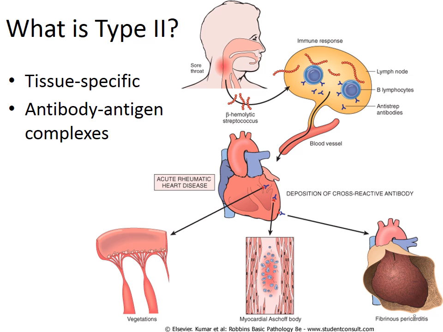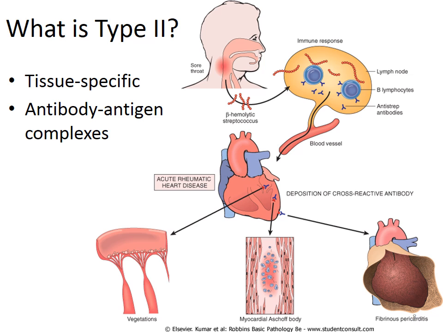So in this particular case with type 2, we can see that this patient, who had a streptococcal infection or strep throat, developed anti-strep antibodies. This is a lymph node that we're looking at. These anti-strep antibodies were starting to circulate around in the body, and they found locations in the body where there may be some residual strep bacteria.